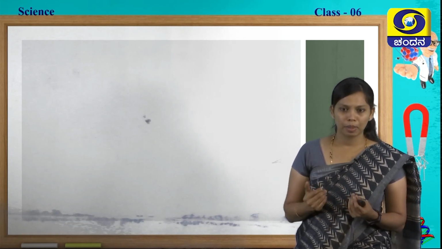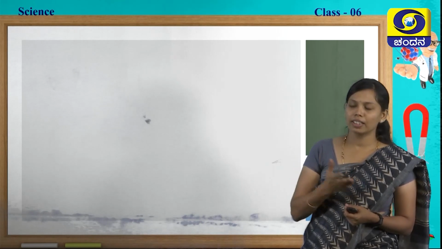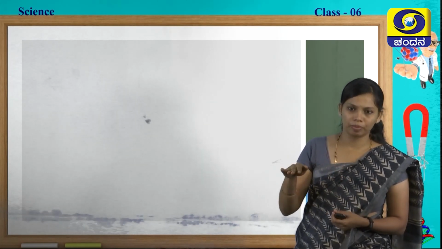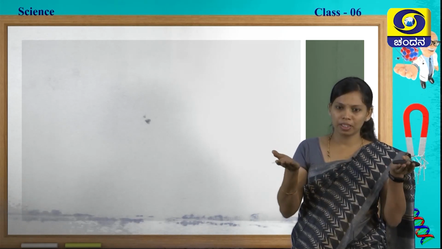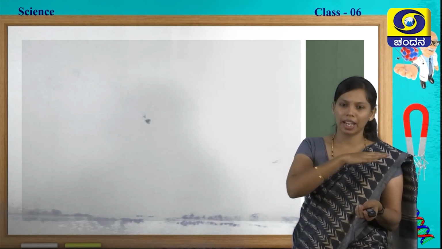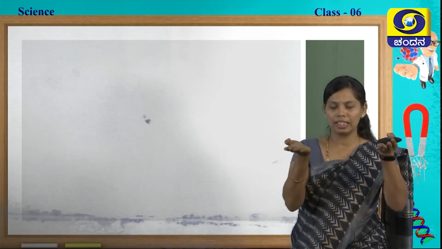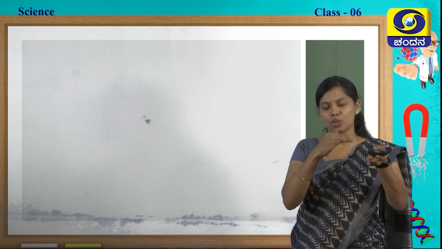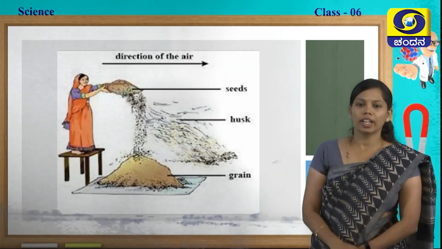Now take that plate and carry it to the open ground. Stand on a raised platform, keep the plate at your shoulder height, and keep it a little bit tilted so that the particles slide down easily. Look at the picture now.